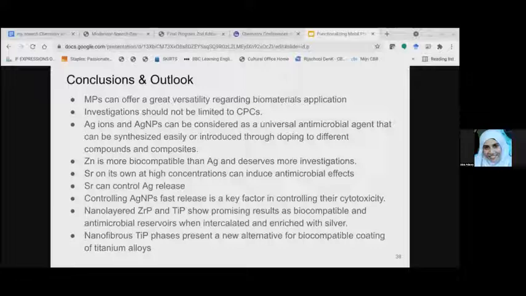And also, when combining silver with strontium, we have seen that strontium controlled a little bit the release of silver ions and silver nanoparticles, and therefore decreased the cytotoxicity of silver-coated surfaces.